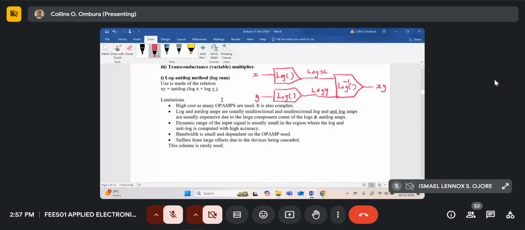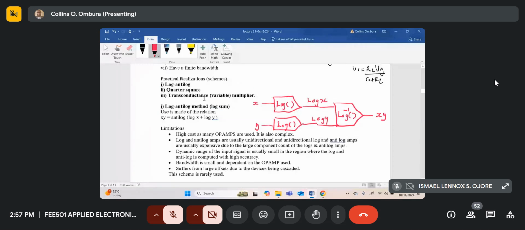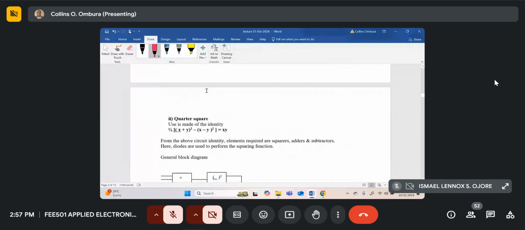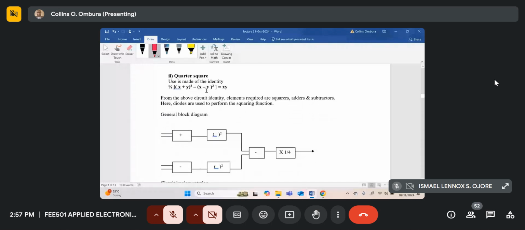Now the next one is called the quarter square technique. The other way to implement an analog multiplier is to use what is known as the quarter square technique. This technique was used in the early 60s. I'll just introduce it because time is not with us.